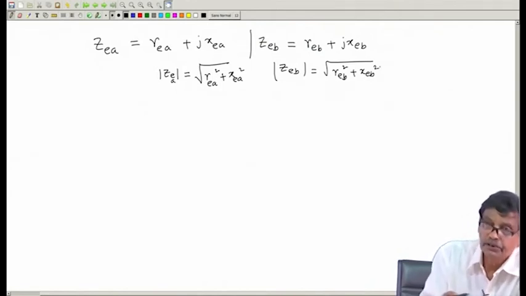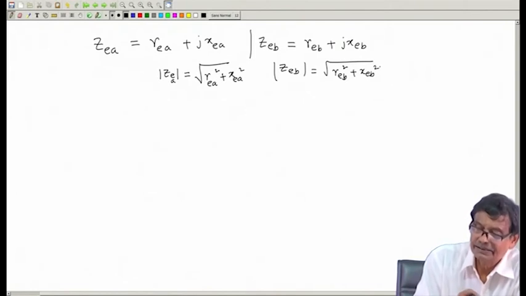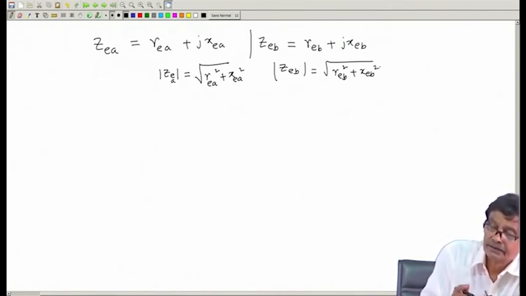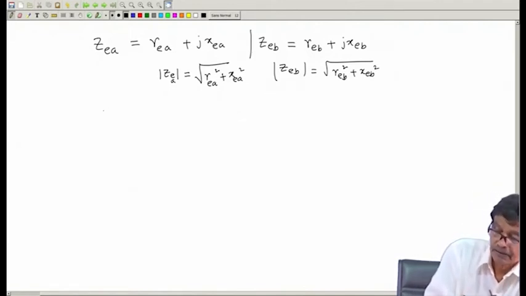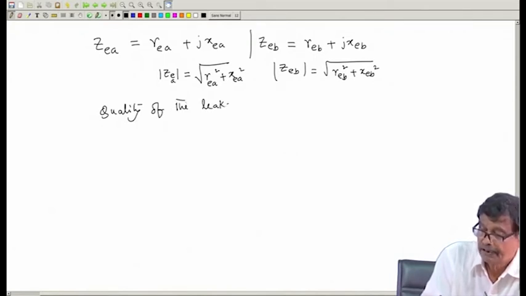So, if these magnitudes are inversely proportional to the kVA, that is fine. But then another condition may be put, about the quality of the leakage impedance.